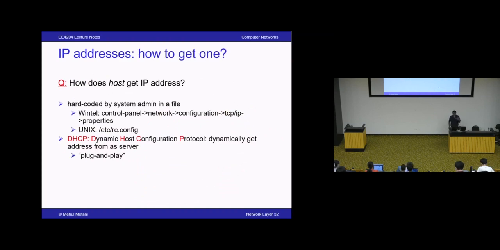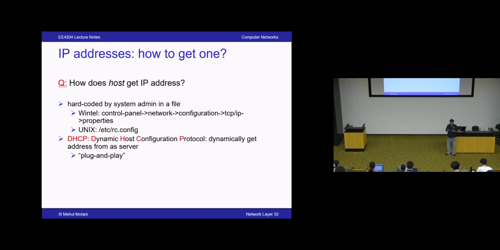Okay, so how do you get IP addresses? Like, how does a device or an interface get an IP address? Well, you can go into the settings and assign it. But typically, we get IP addresses in an automatic fashion using something called DHCP, which stands for Dynamic Host Configuration Protocol.